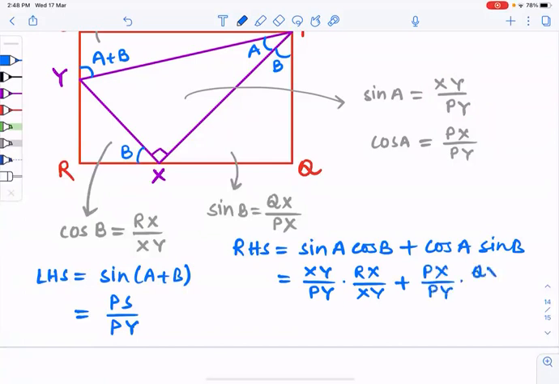is QX by PX, and you can see that this PX and this PX cancel, this XY cancels, and you are getting RX by PY plus QX by PY.